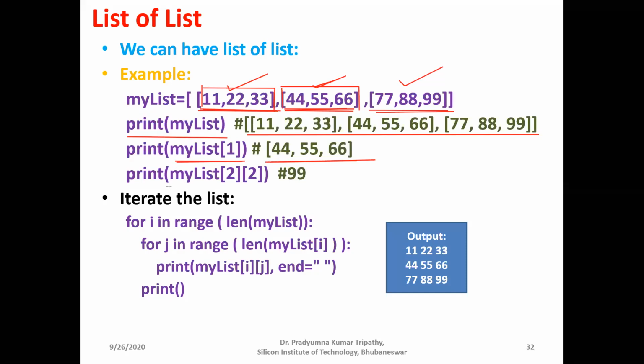But if I write my list of 2, that means index 2 of the outer list, which is this entire list. And if I want to find the index 2 of the sublist, that is this one, 0, 1, 2. So I can get it over here.